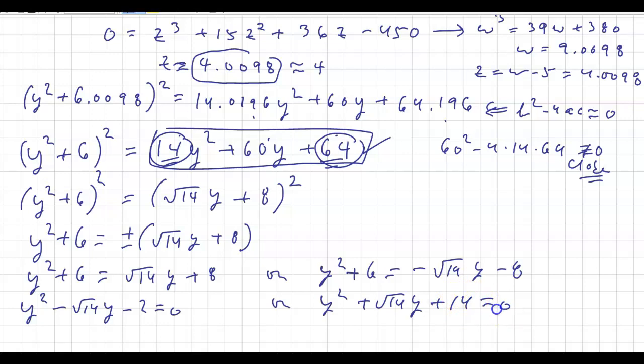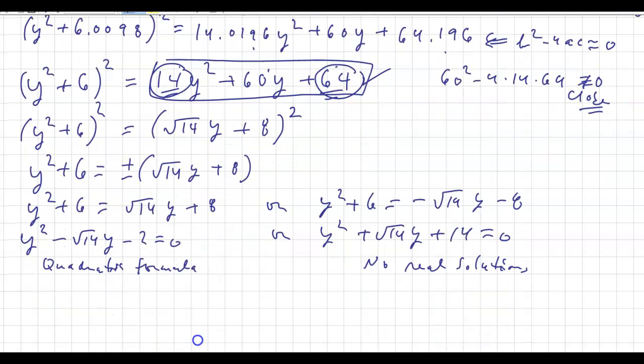So those are two quadratic equations. This right-hand side has no real solutions. But the left-hand side, if I use the quadratic formula, we would end up with two answers.